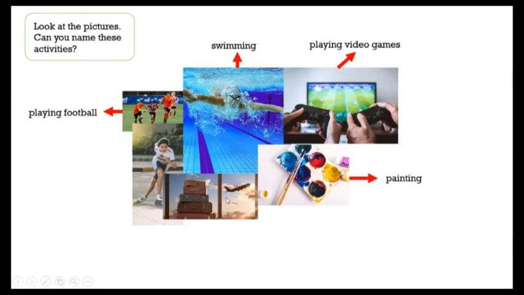Now we have an airplane and some suitcases here. What do you think this activity is? My favorite, traveling. That's right. And last, what is this girl doing? She's skating. That's right.